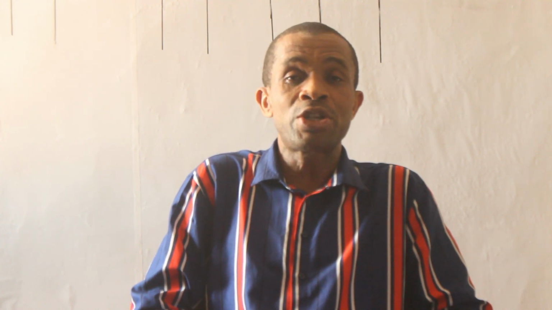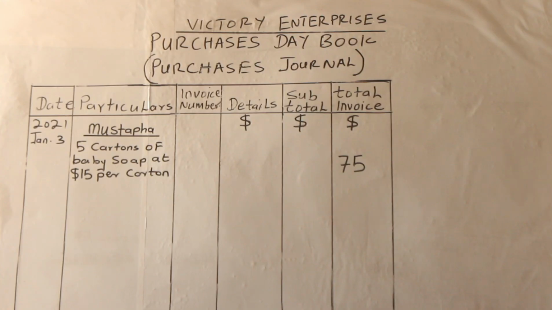Now, the journal is going to be used to summarize the purchases of these 5 cartons of baby soap at $15 per carton. And thereafter, it is going to be posted to the appropriate ledgers, and after that, the trial balance will be extracted. Now let's see how it can be recorded using the purchases daybook.